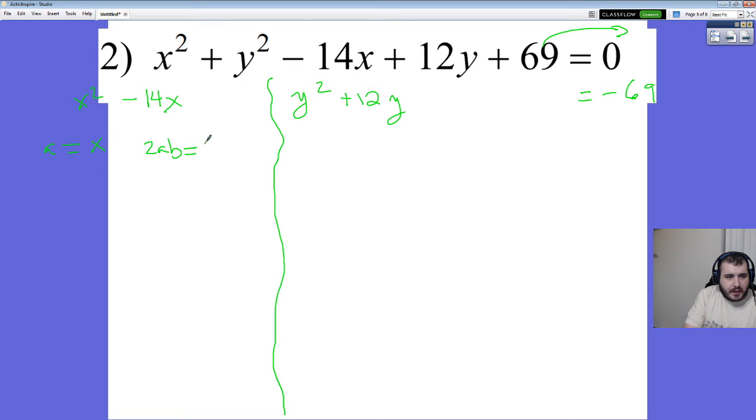And then we're going to find 2ab is the same as negative 14x. And well, x is a, so if it helps, you can just sort of scratch it out, and then b is going to be negative 7. So now a squared plus 2ab plus b squared. So we got x squared minus 14x.